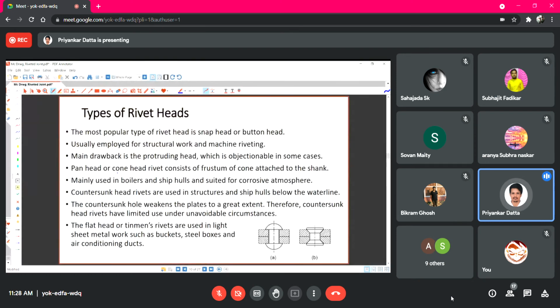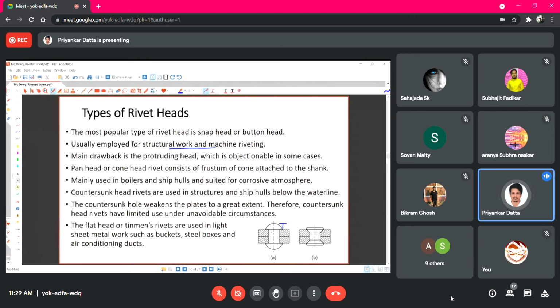Now, as I was saying, the snap head is most common for structural and machine work. In many cases, because of the snap head, the head is the area outside the material, which has a higher thickness. So this protruded head consumes some space.